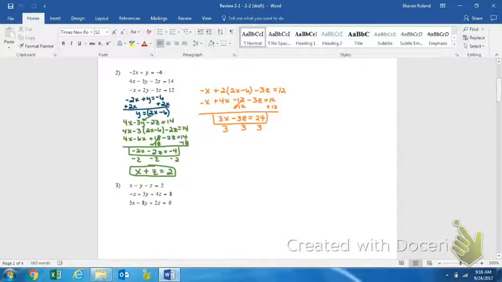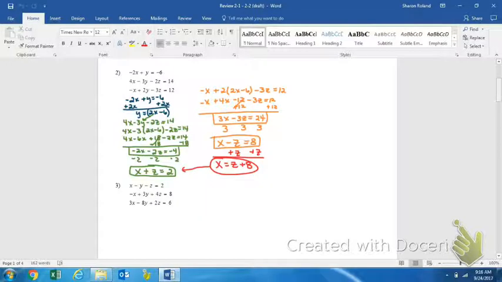And you end up with x minus z equals 8. These are perfect equations for elimination right here, but since we're doing substitution, I'm going to substitute it. I'm going to take this second equation and add z to both sides, and we're going to have x equals z plus 8, and I'm going to substitute this into that equation.